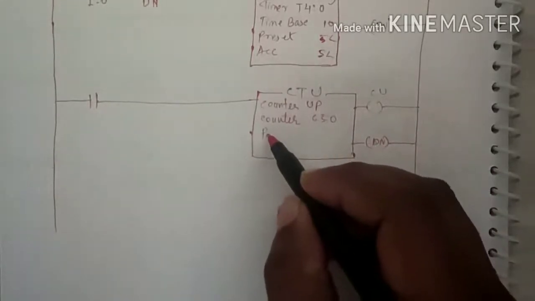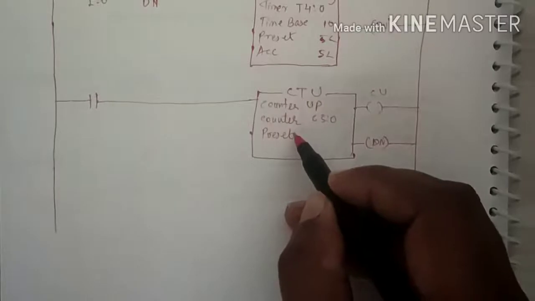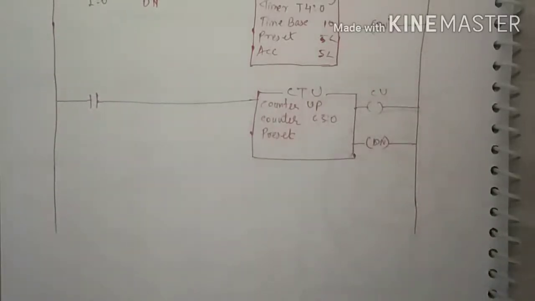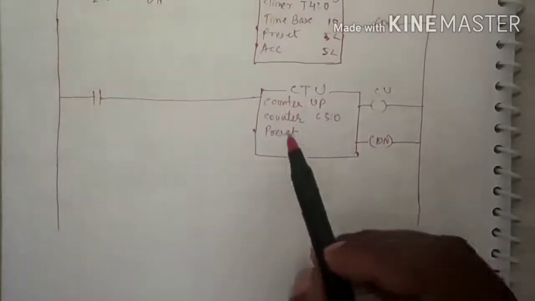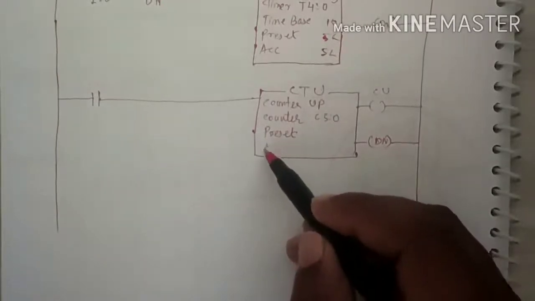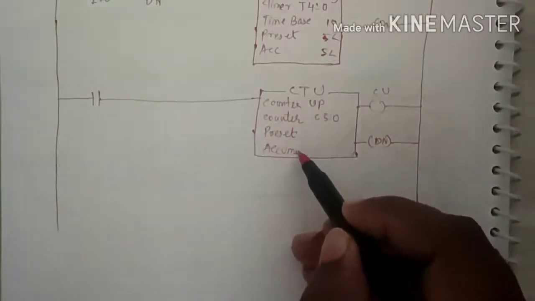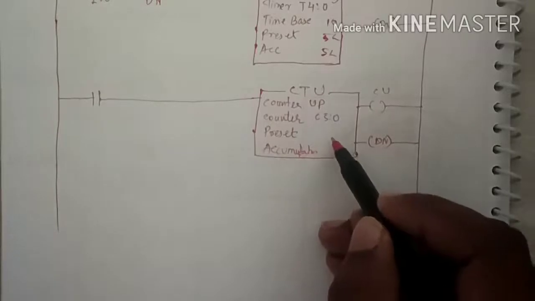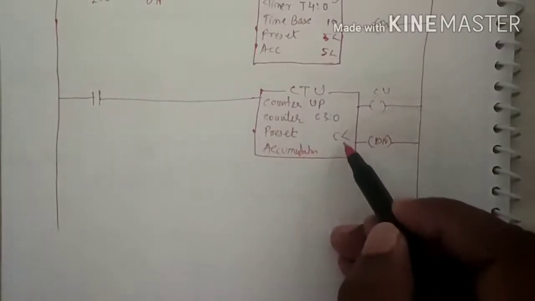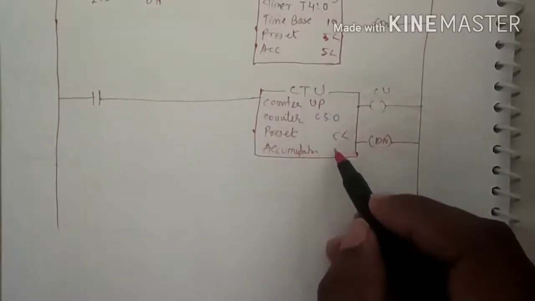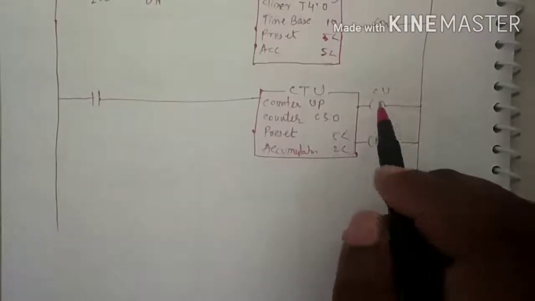Then we have a preset value, then we have an accumulator value. Let's suppose the preset is 5 and the accumulator is 2.